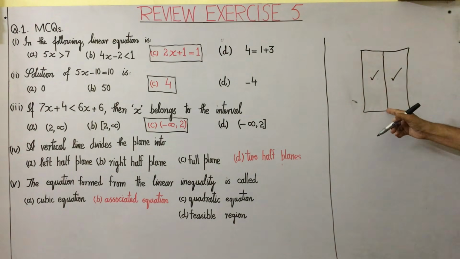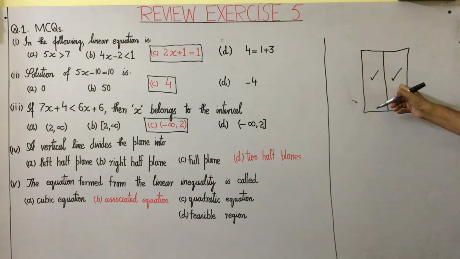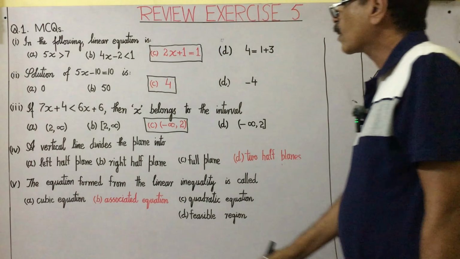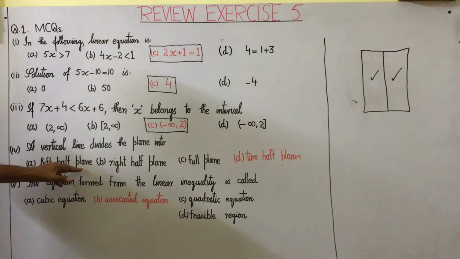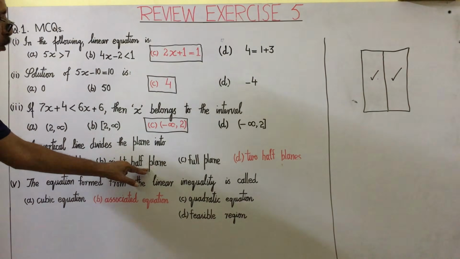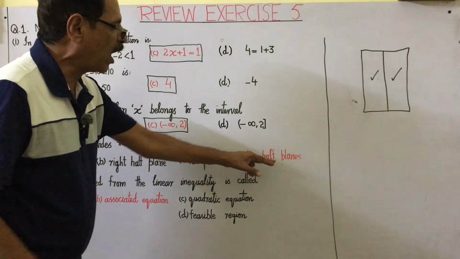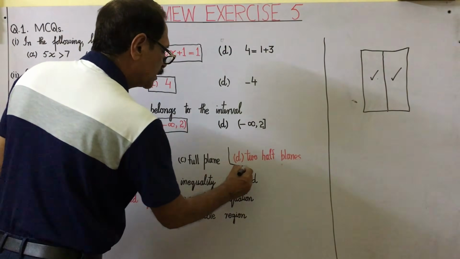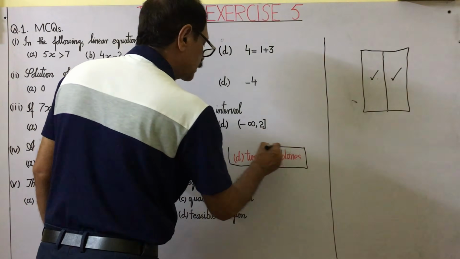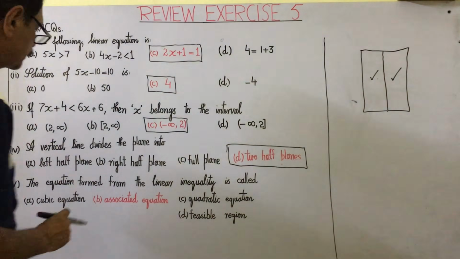A vertical line divides the plane into left half plane, no. Right half plane, no. Full plane, no. Two half planes. 1 and 1, 2 half planes. So the correct option is D.